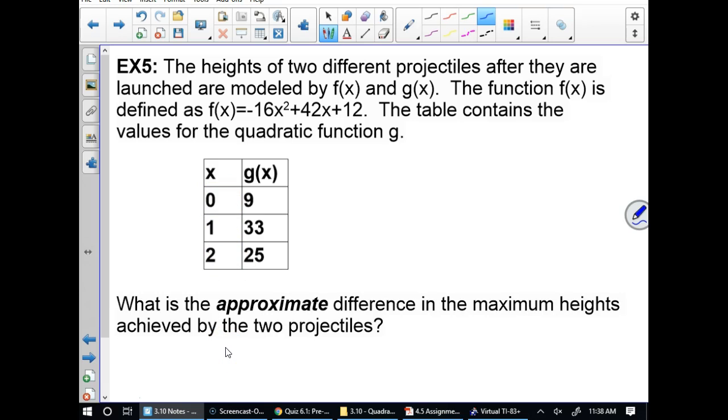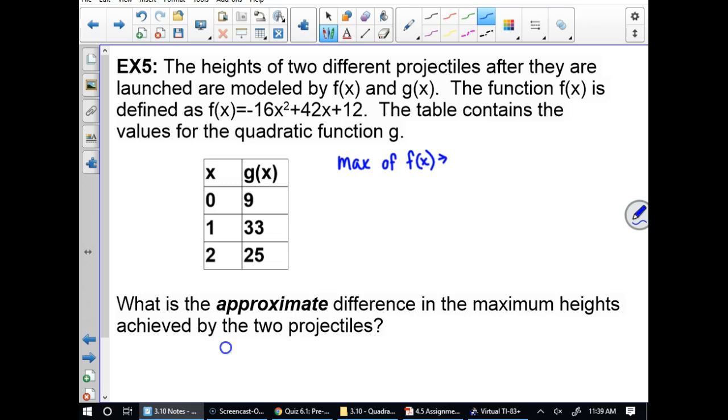So let's work on these separately. Okay? So we'll work on f of x first. For f of x, if I want to know the maximum, I could use the calculator.